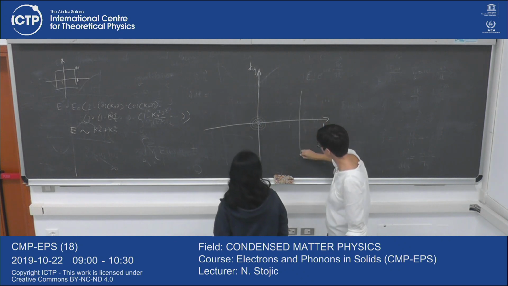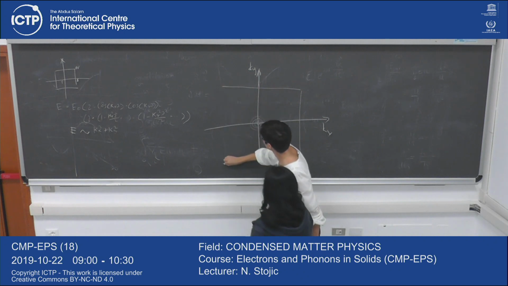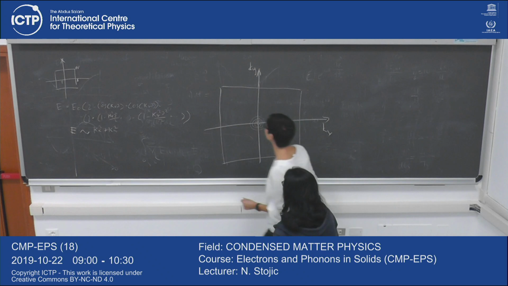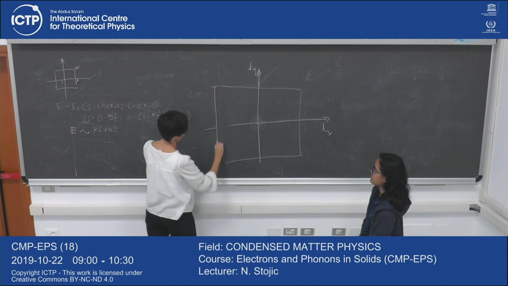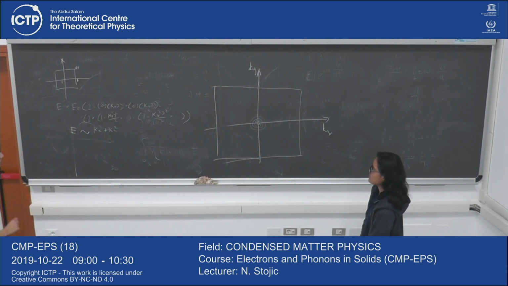Let's try to draw a big Brillouin zone so that one can see more clearly. Not very symmetric now. It cannot be expected too much from this drawing on the blackboard.